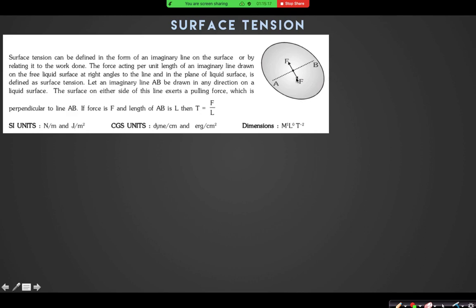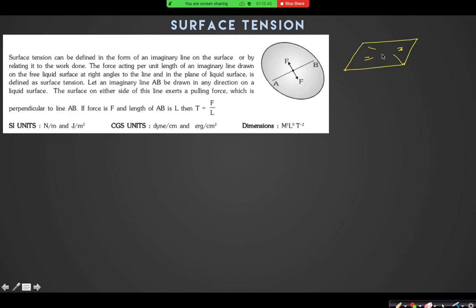It should be parallel to the liquid surface, perpendicular to the imaginary line, right? So you can always assume the free surface of the liquid to be a stretched membrane, right?